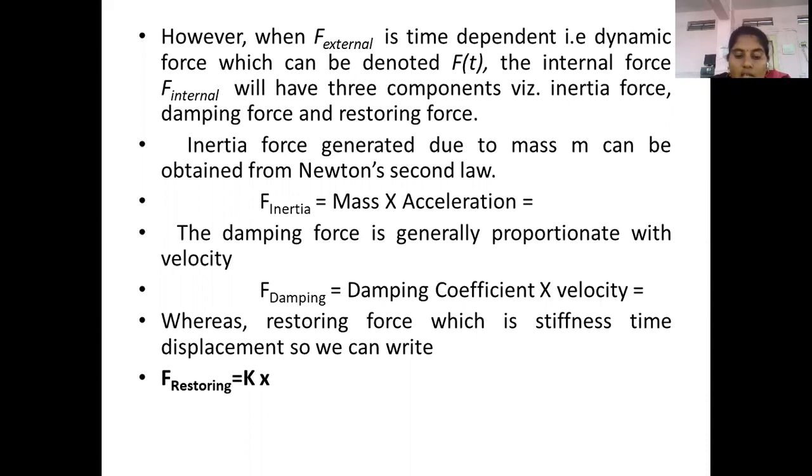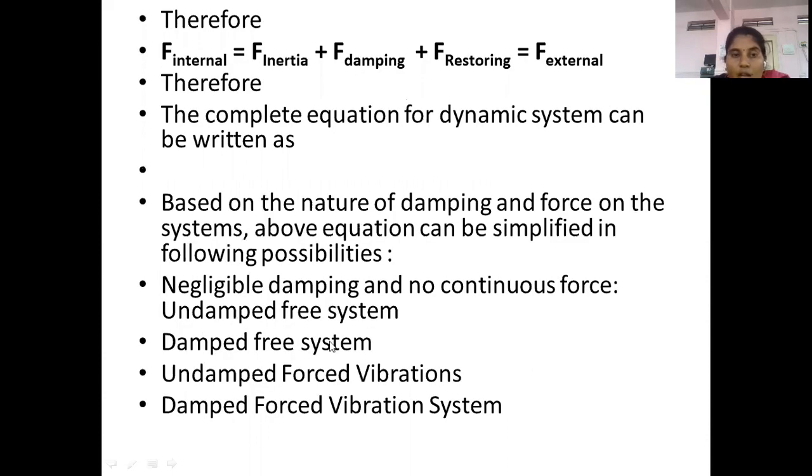The restoring force is K into X. In this way, these forces were produced, and finally we conclude that the total internal forces produced in the system are equal to the external forces. The internal forces produced in the system are three: the first is the inertia force, the second is the damping force, and the third is the restoring force.